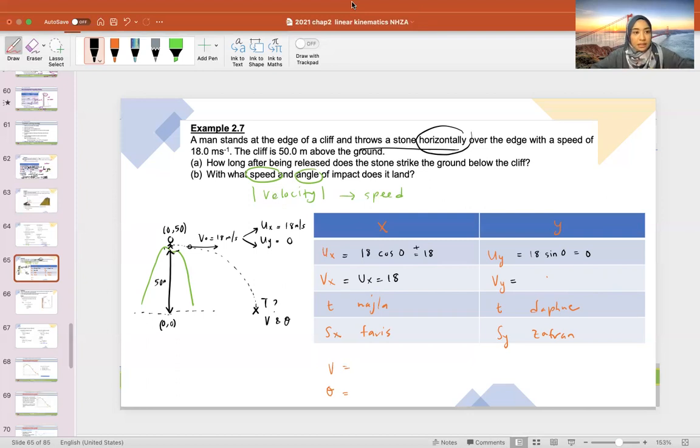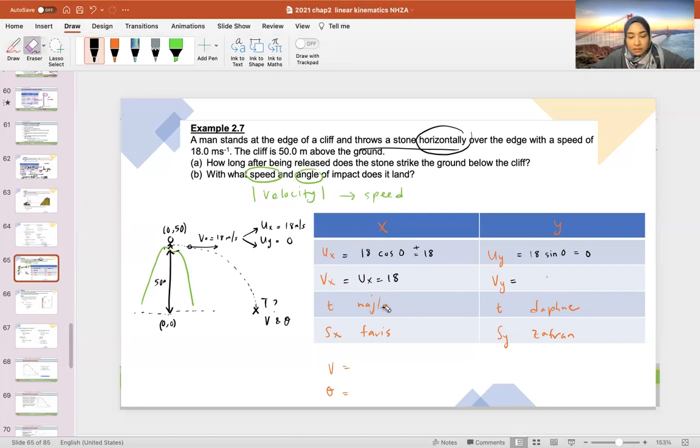Okay, Najla, what about the time for the X? How did you do it? Saya dapat jalan kira je tapi saya tak dapat jawapan. Okay, what's the jalan kira? V squared equals to U squared plus 2AS. Okay. So U squared is 18. Okay, plus 2, plus 0. 50.